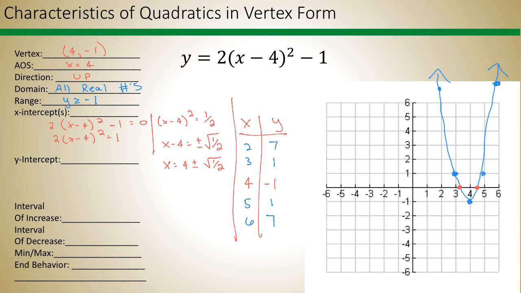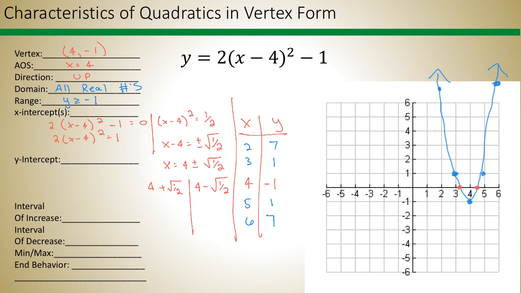But we want to get a better idea of where these are on the graph, so we're going to find the decimal approximation for these. I've got 4 plus the square root of 1/2 and 4 minus the square root of 1/2.